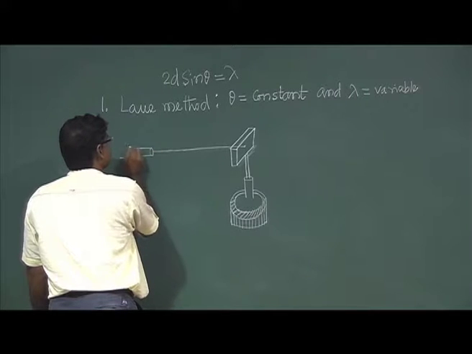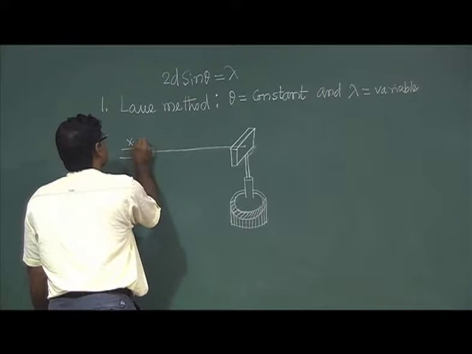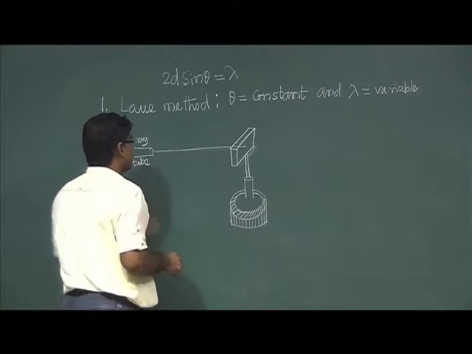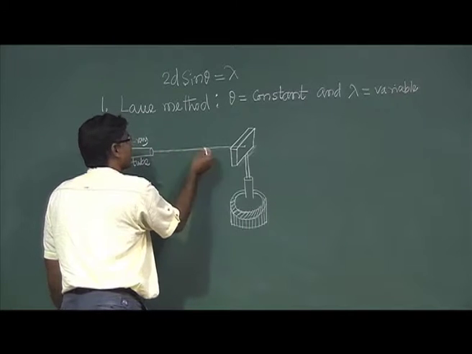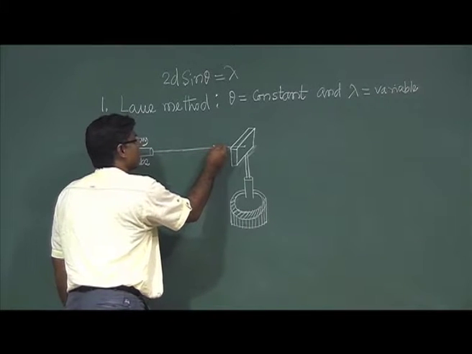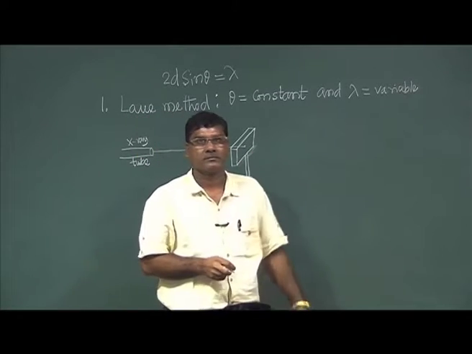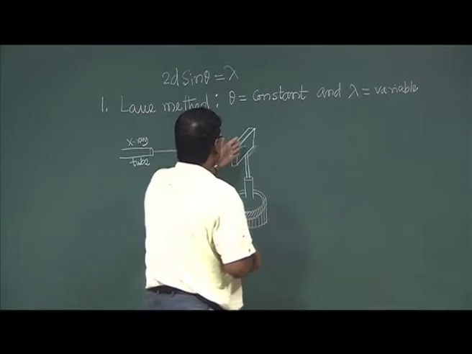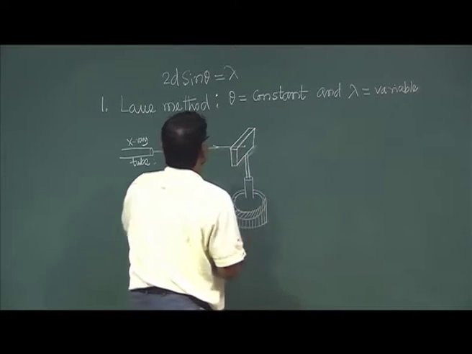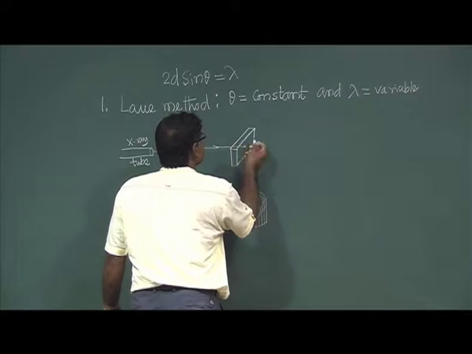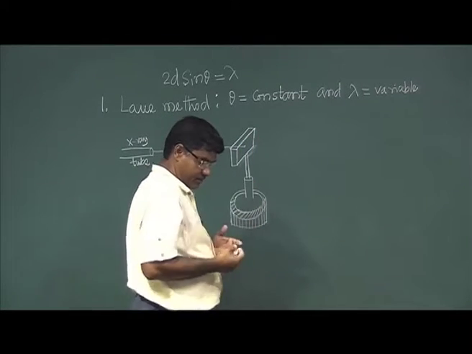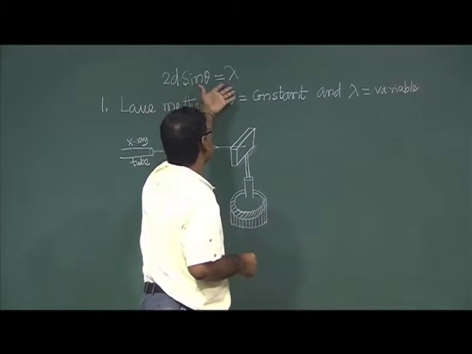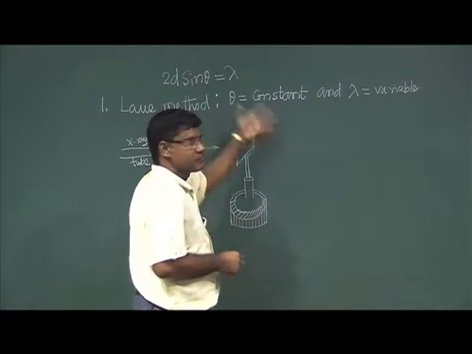Say this is the X-ray tube. The X-ray is coming and falling on that crystal, and then it will be diffracted in all directions, satisfying this condition.